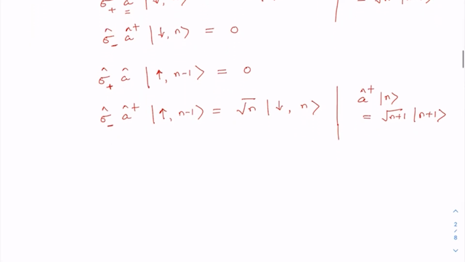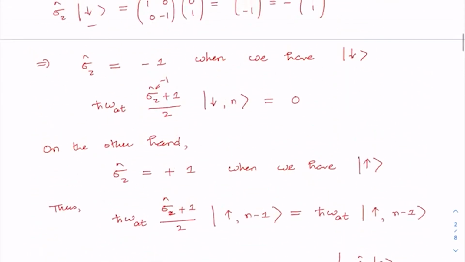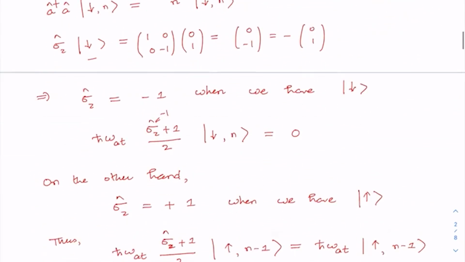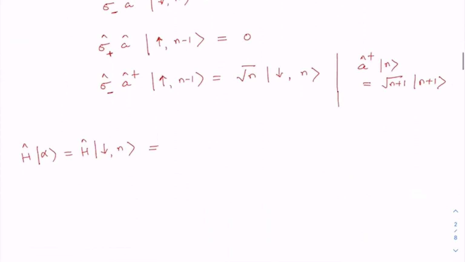So we now have all the terms, so we can work out what H of alpha is. Alpha is the atomic down state, the ground state, and n, the field mode. We have worked out all the terms, so let me write down the final result.